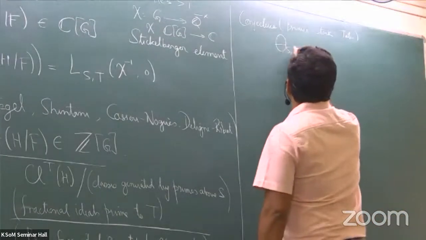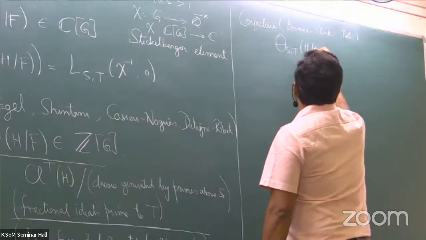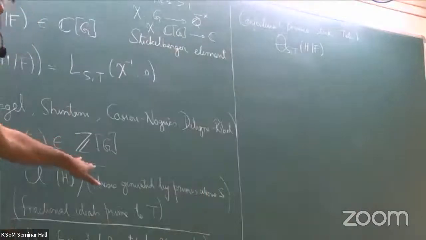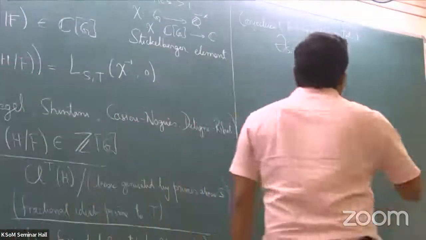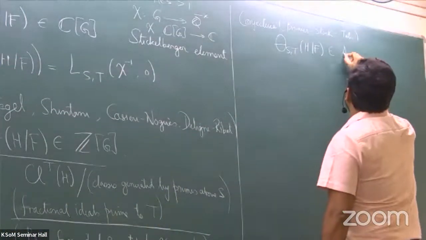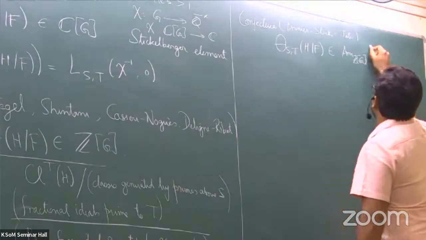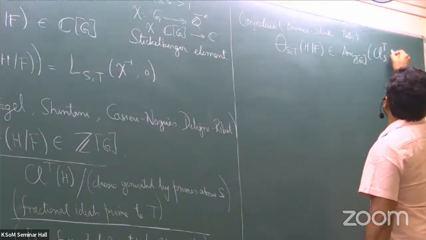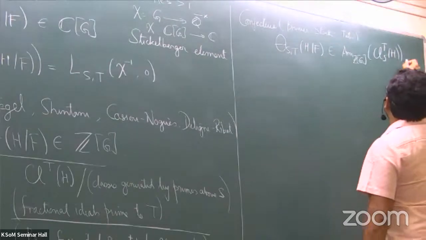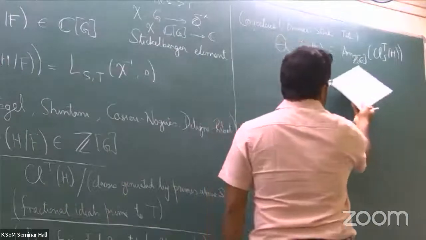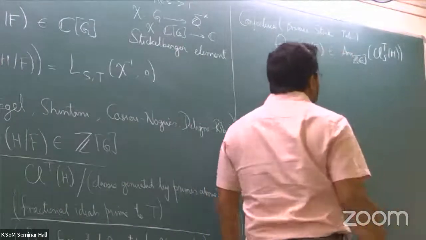So it says that theta_S^T for H over L, this is an element in ZG, right, because of this theory, actually belongs to the annihilator ideal of this class. So you take all the elements in ZG that annihilate this class.